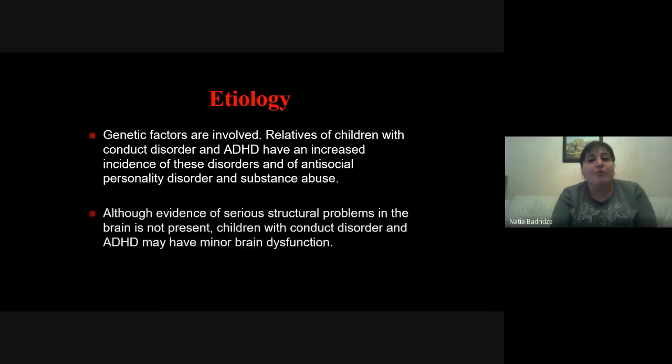So, etiology of ADHD and disruptive behavior disorders. The genetic factors, of course, are involved in the etiology of ADHD. If the relatives of the children with conduct disorder have conduct disorder or antisocial personality disorder, or if the relatives of the kids with ADHD use substances, there is of course a greater chance of having an ADHD kid or a kid with a disruptive behavior disorder.